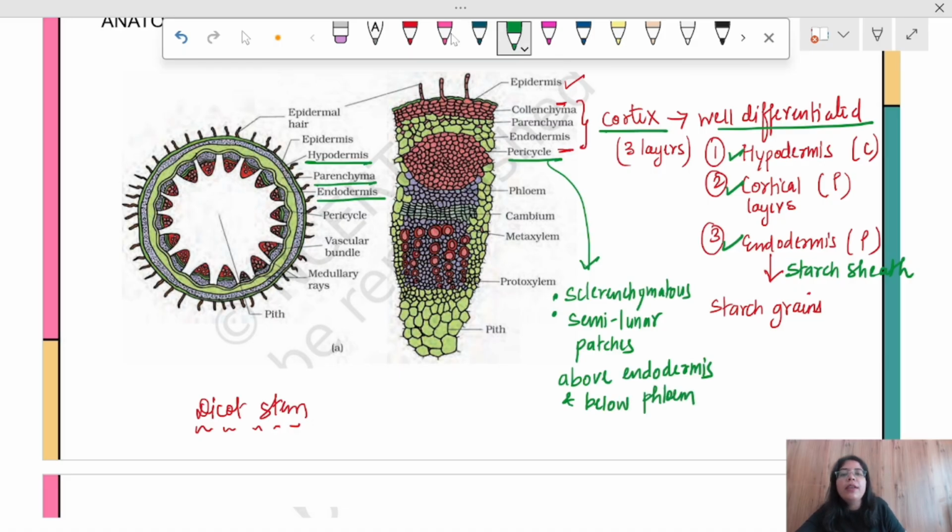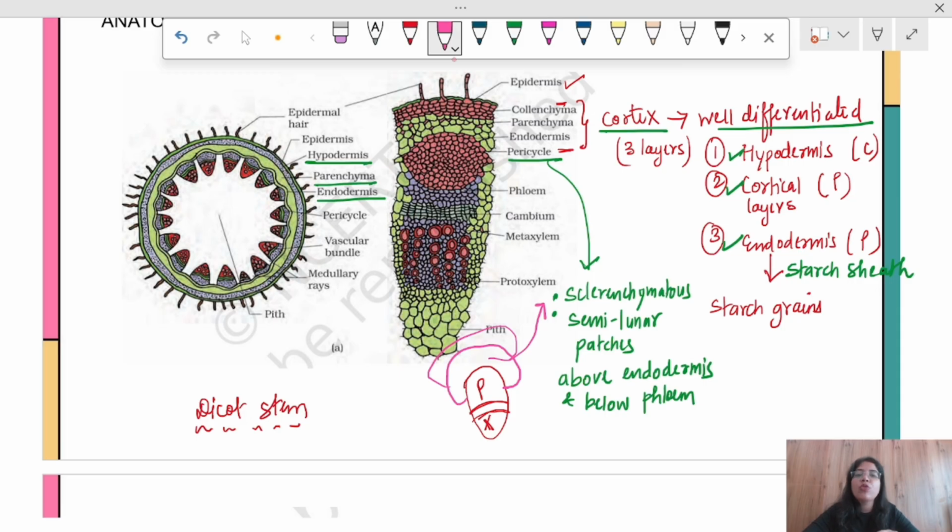What's the meaning? Let's suppose I want to draw one vascular bundle here: I'll draw phloem here, xylem here, and cambium layer here. On top of this, I will draw this pericycle, and above this pericycle will be the endodermal cell. So this is that sclerenchymatous semilunar patch of pericycle. So can I say pericycle is continuous in the dicot stem? No, it is present as patches.